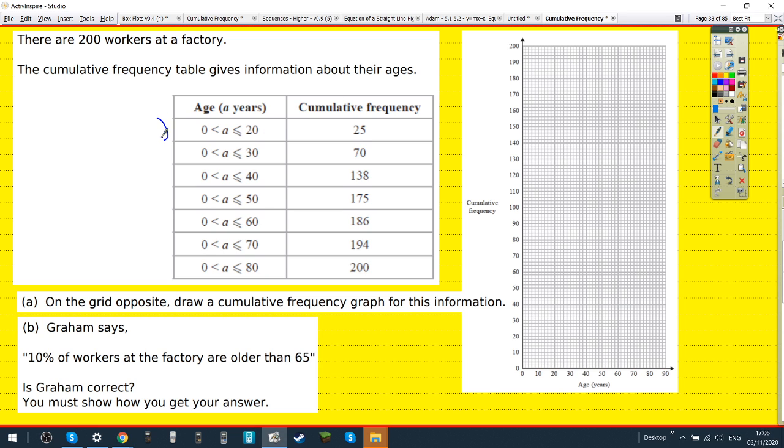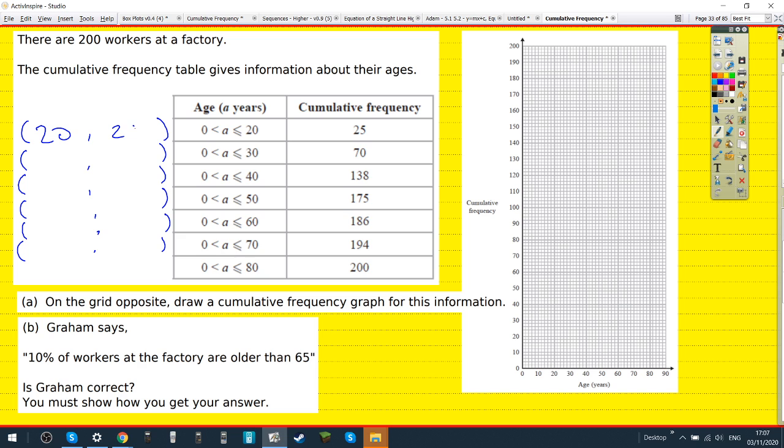So you have to say what the coordinates of the points are. Okay. So would the first one be 20, 25?